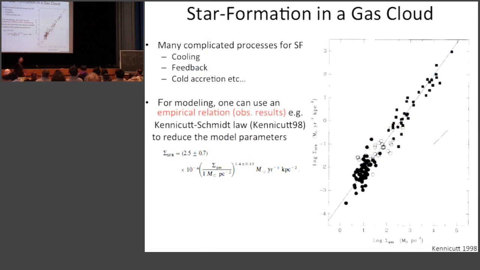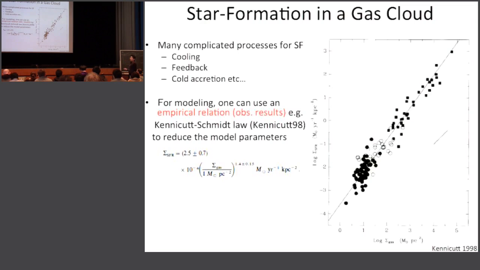So now I have talked about the many difficulties of the star formation thing, but for modeling, for our understanding, some people can make the shortcut to model the star formation activities. We see there are so many difficulties, so many parameters, including feedback, possible cold accretion contribution, and so on.